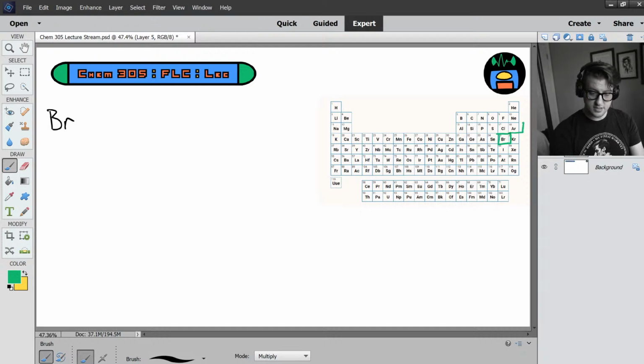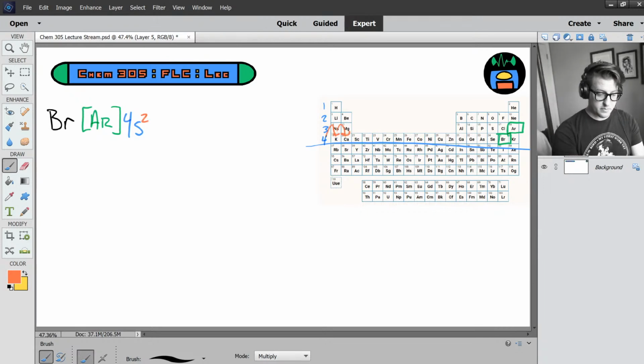Its nearest noble gas with fewer electrons is argon once again. Let's locate the period bromine lies on. It is on the 1, 2, 3, 4th period, right? So we're going to start with our 4s subshell, and we count 1, 2 spaces in. So that'll be 4s2.